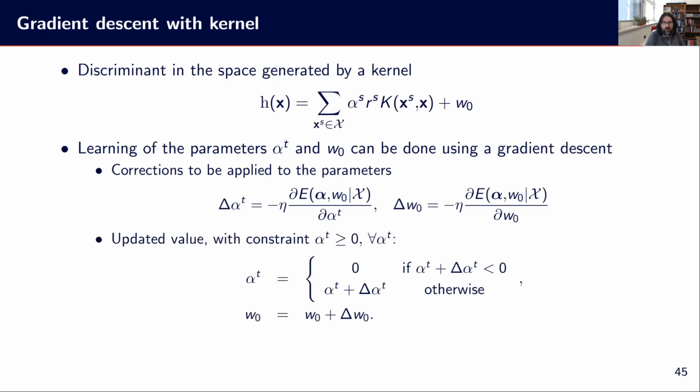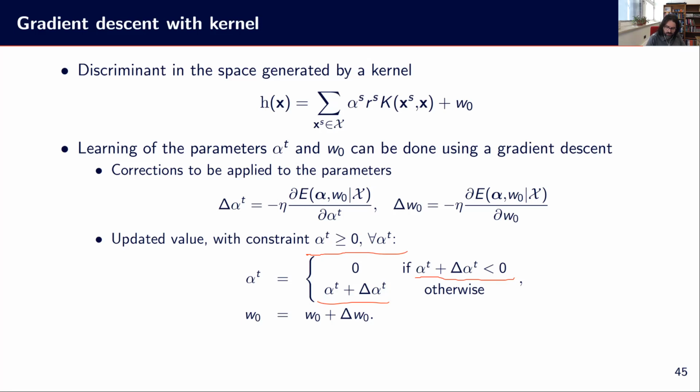And when we are developing this, the updates will be done that way. We basically state that alpha t will be updated by one step in that direction. But we are dealing with a special case: when the correction will get us to a negative alpha, which is not supported because it is in our constraint. We cannot get negative alphas, otherwise it will not make sense in terms of the formulation.